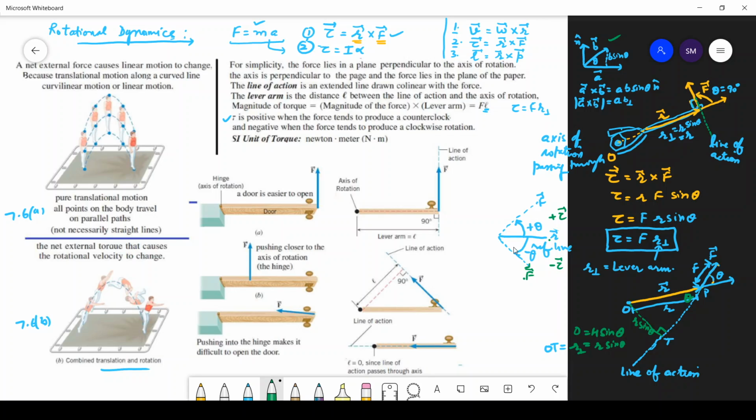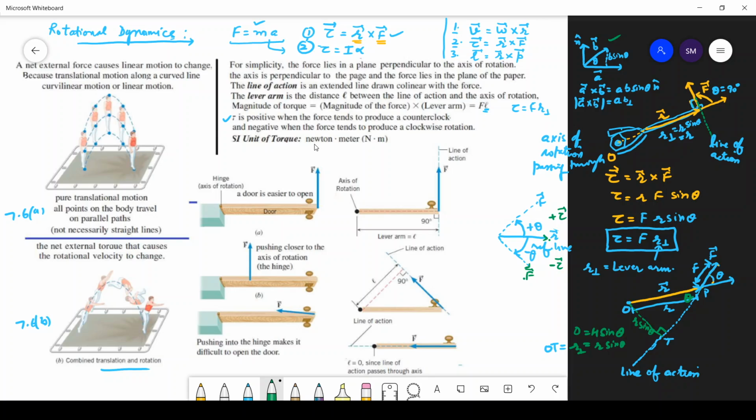Inward, right? Negative z-axis, you can say. So this is the positive z-axis coming out. Put your fingers on this R and move towards F. Where is the thumb pointing? The thumb is pointing into the plane of the paper. That's negative tau.